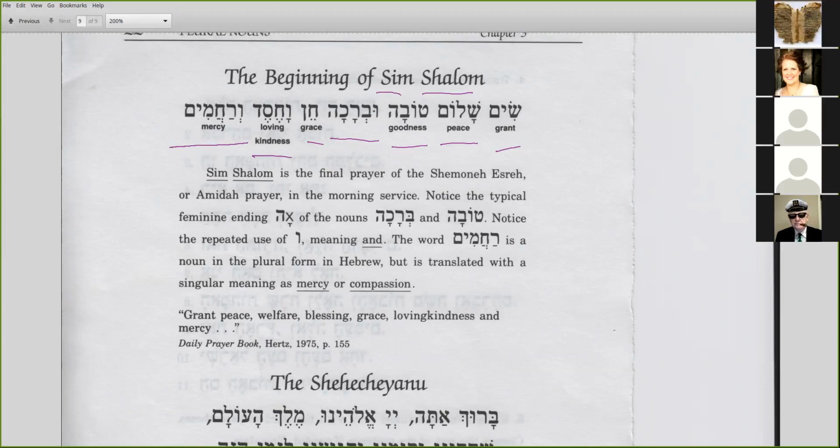So the translation: grant peace, welfare, blessing, grace, loving kindness, and mercy. So we have rachamim, and here we have chesed, hein, plural. We've covered that in our chapter here. Uvracha, blessing, goodness, tova, okay?